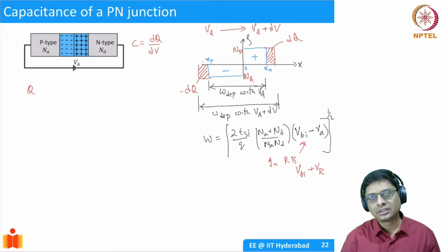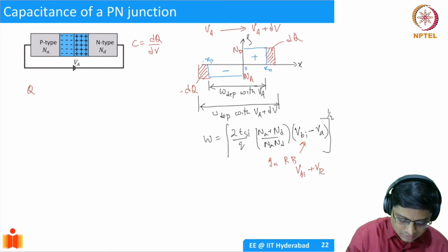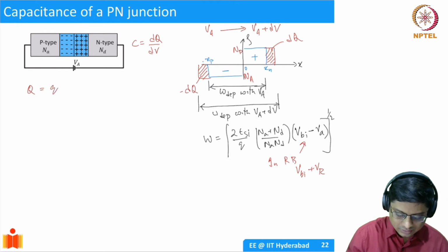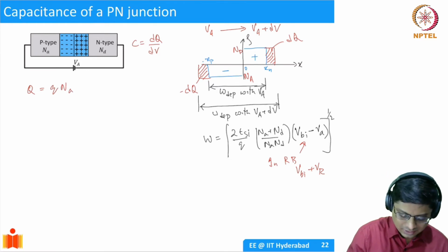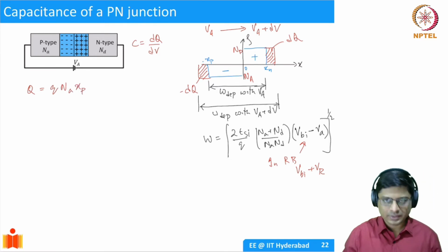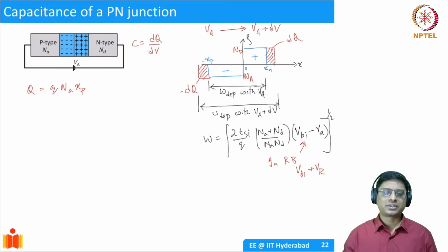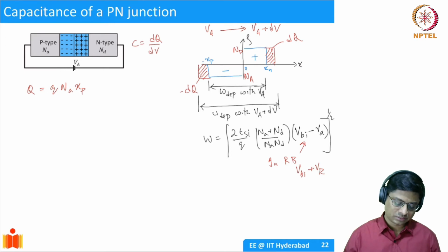What is the charge? The charge was simply Q times, let's take Na on the P side, XP, right? This was the total amount of charge because density was Na times the width, which will give you the per unit area, and then times Q, the charge.